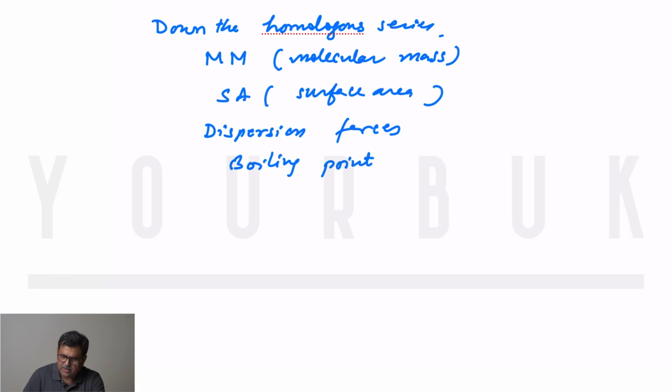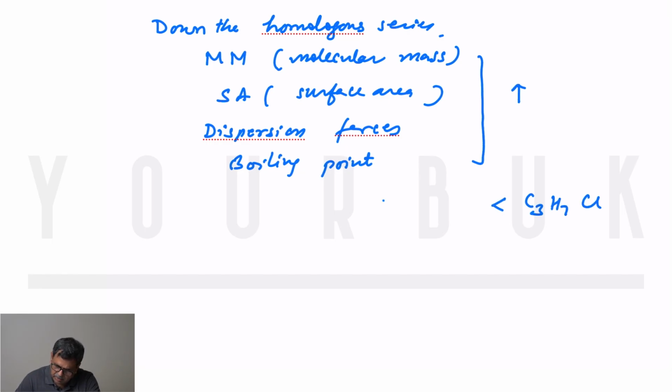So these are general points in all the functional group homologous series. All these 4 points increase down the homologous series. That's why chloropropane has a higher boiling point than chloroethane, which has a higher boiling point than chloromethane. I think this point is clear to you.